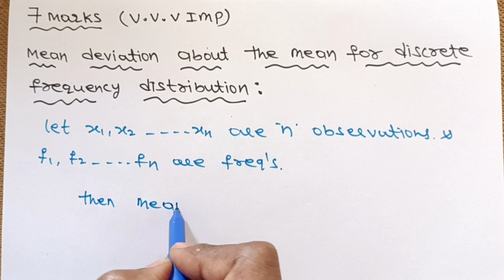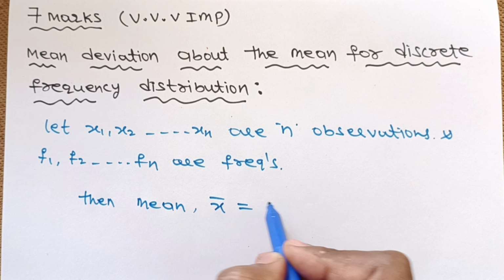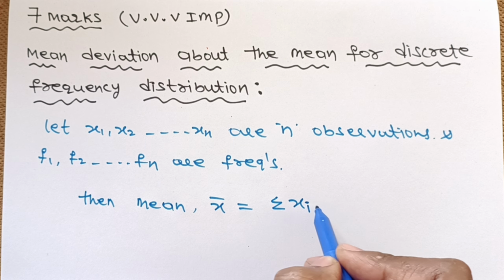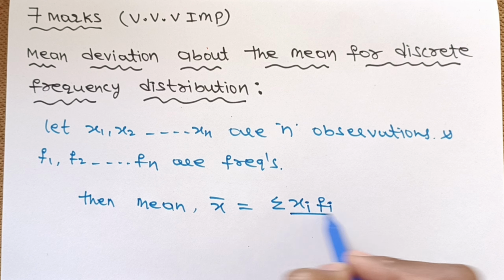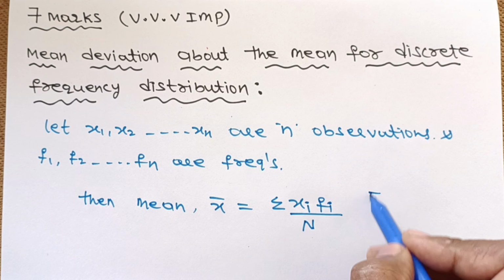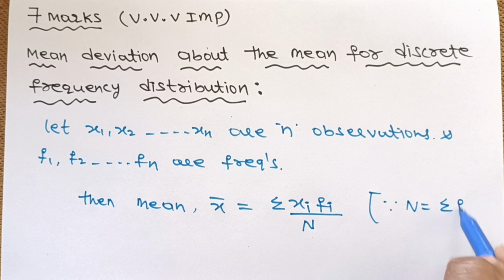Then the mean, we know that the mean is denoted by x bar, which equals sigma xi fi divided by n. So this is the mean formula. Here n is the sum of the frequencies, that is sigma fi.